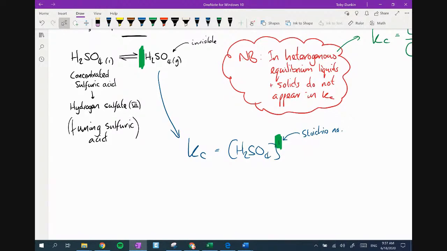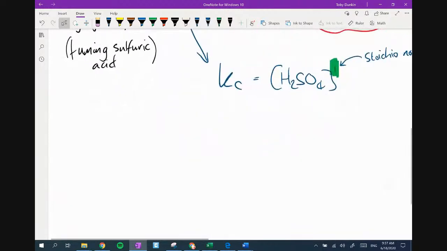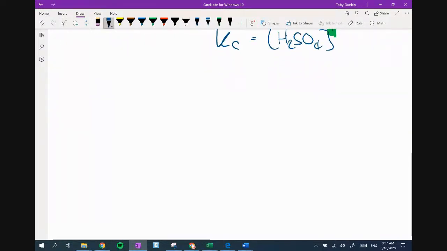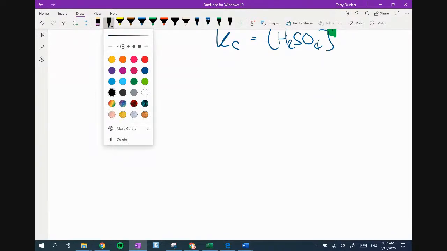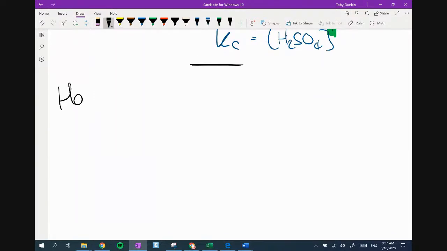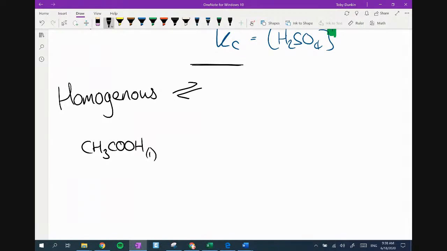Now, people go, why do you need to state this as hetero? Because if you have a homogeneous equilibrium, with the same phase, and there is one example you truly need to know because it comes up in all the practical questions: liquid acetic acid, pure glacial ethanoic acid.